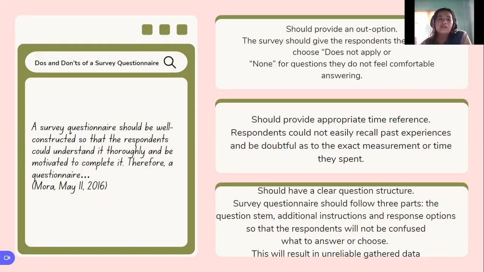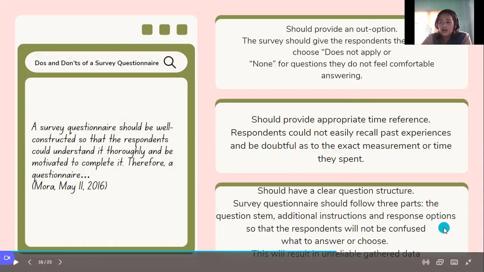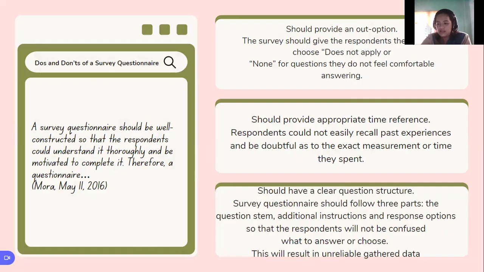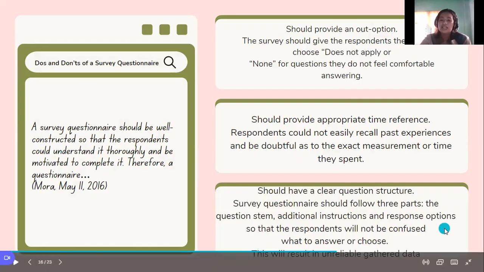And then if there are other instructions they would need to follow, that comes next, po. And then finally, you have to put response options like A, B, C, D, or options where they can just click something or check boxes so that it will be easier for them.